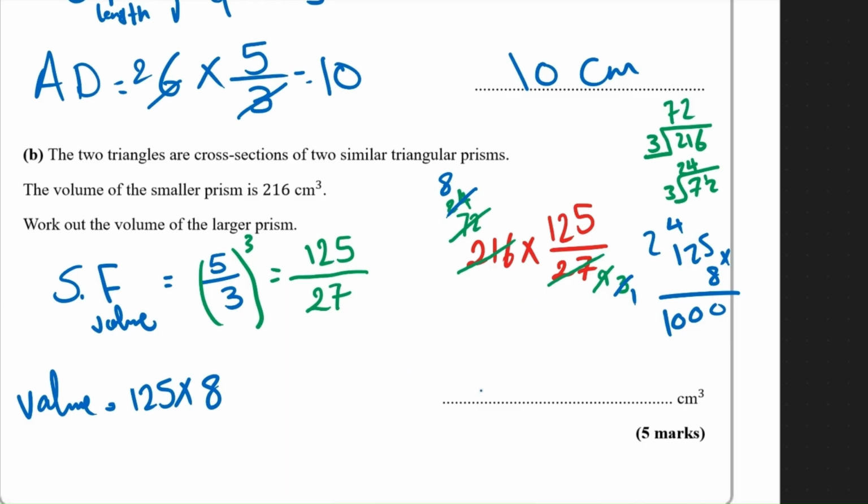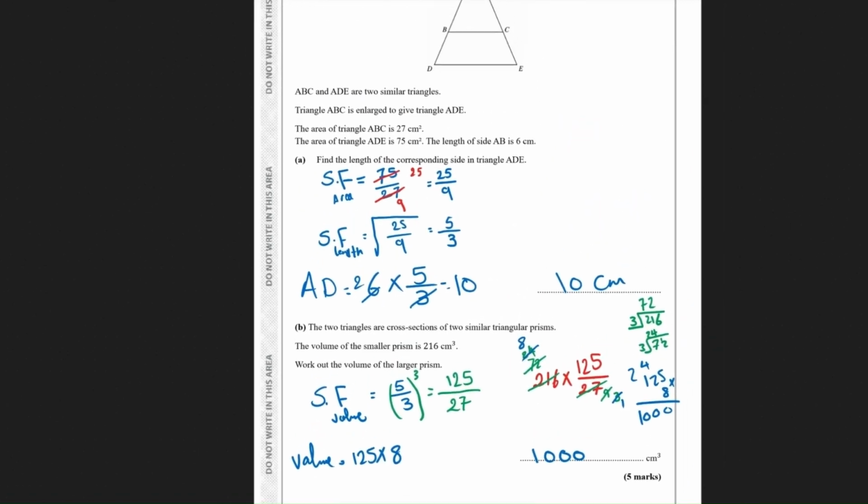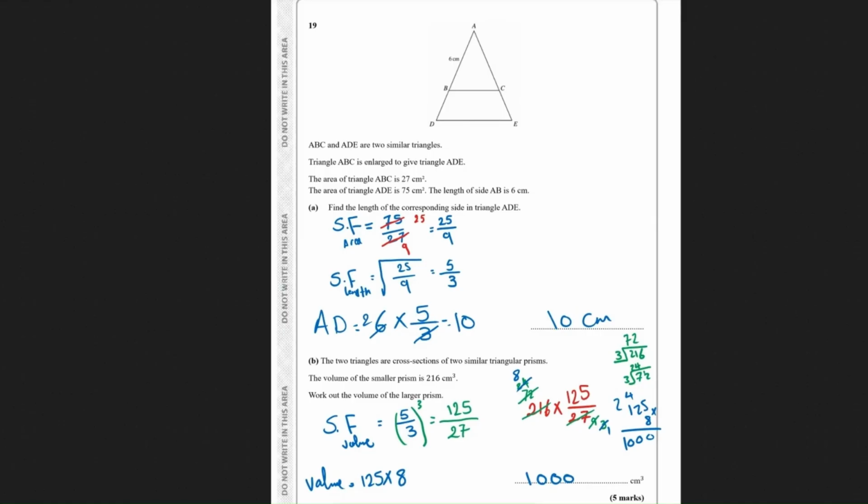That means the answer would be 1000 centimeters cubed, and this is the final answer here. Before you move to the next question, the point is that canceling with fractions is the best way to do a non-calculator exam. And this is the answer to this question.